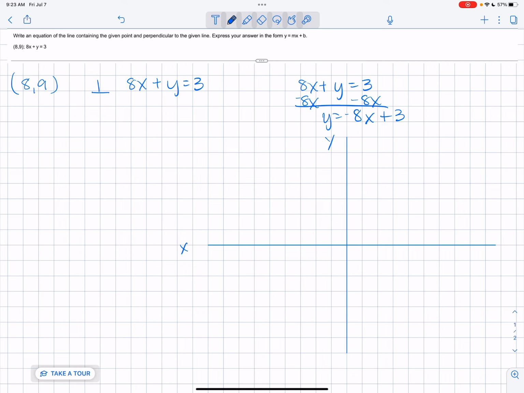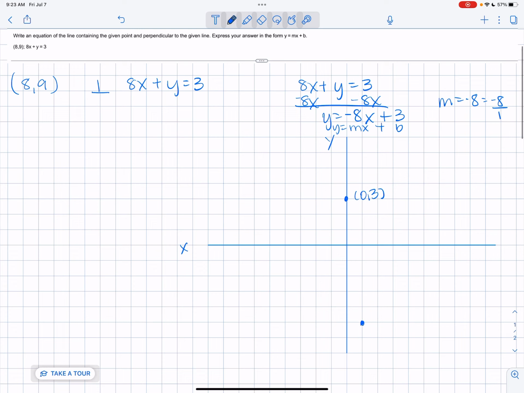Okay, so for this one, in the form y equals mx plus b, the y-intercept is 3, and our slope is negative 8. If our slope is negative 8, that's the same thing as negative 8 over 1. So we're going to go down 1, 2, 3, 4, 5, 6, 7, 8, and to the left 1. So it should be right there.